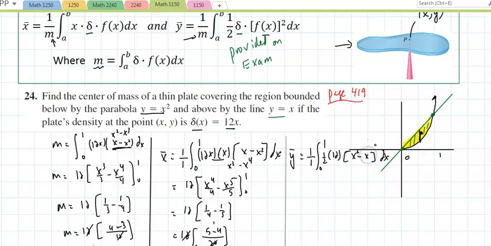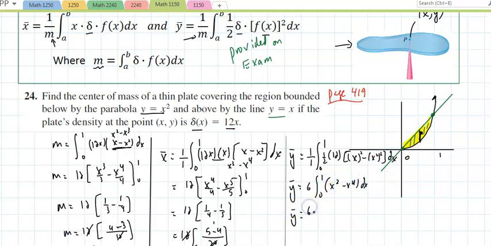X squared, let me write that down for your notes. So don't subtract then square that, that doesn't work. And that is 6 times the integral from 0 to 1 of x squared minus x to the 4th dx.